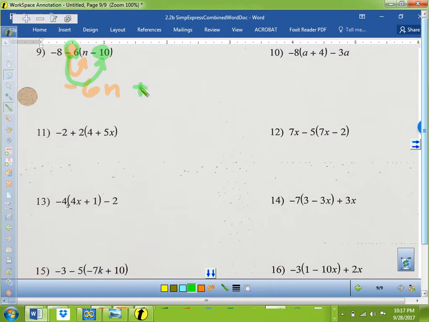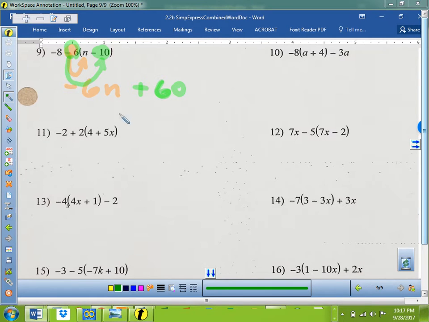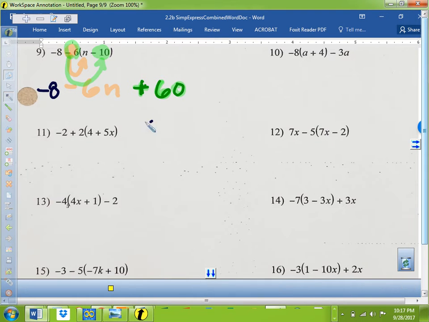So I'm getting positive 60. Okay, better make that a little more clear. Get positive 60. All right. And then this little -8 is just hanging out in front, so I just bring it down, and it stays in front. Once I do that, I have to always be saying, can I make things simpler?